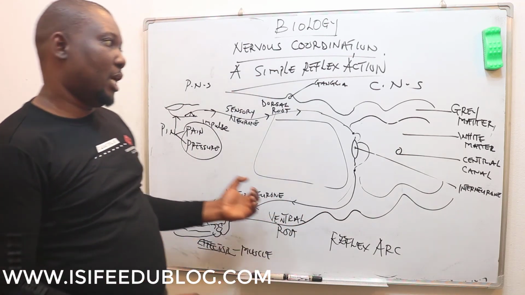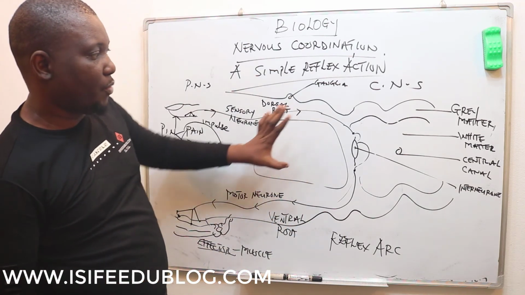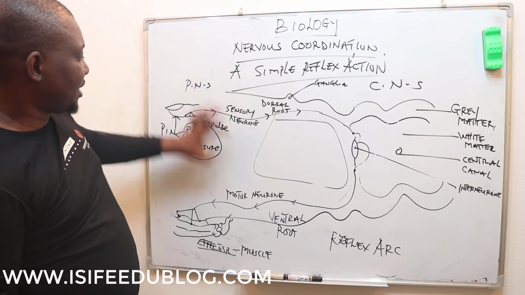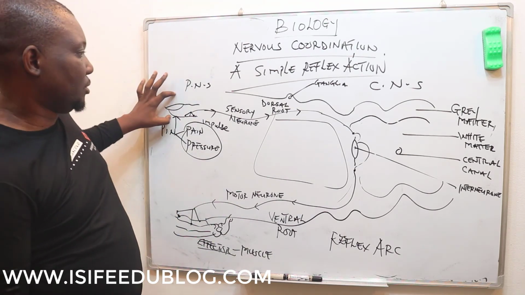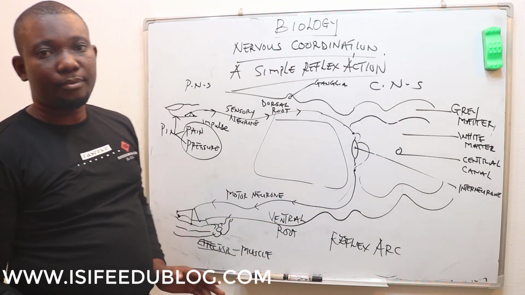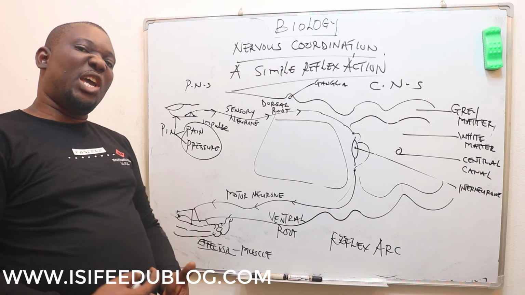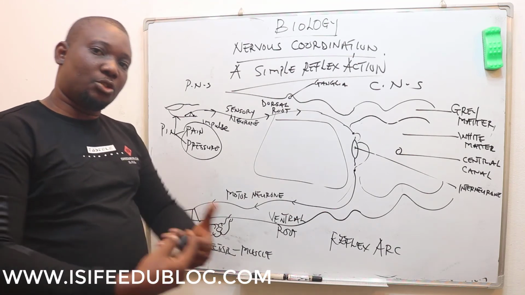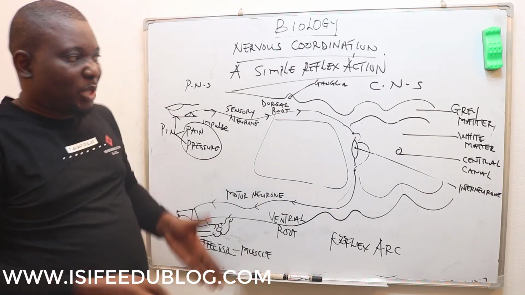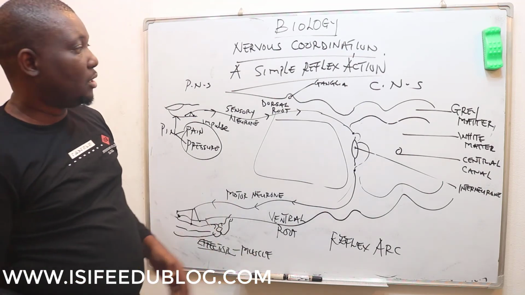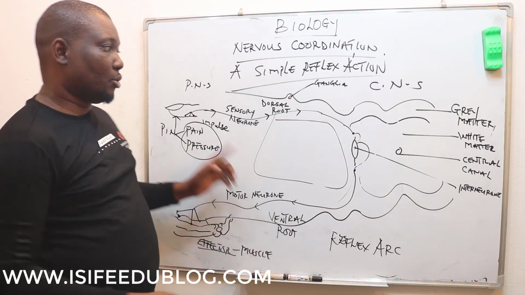The pathway that has happened here is just a pathway of reflex action between the muscles and the CNS. So you call this a reflex arc. To achieve a reflex action, it is done through a reflex arc. The pathway through which the reflex action is achieved is called what? The reflex arc.